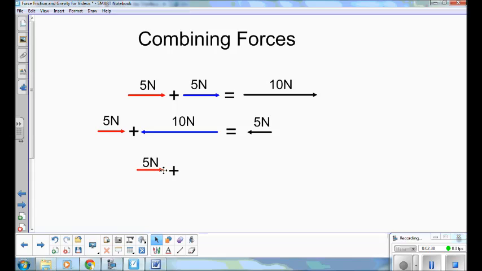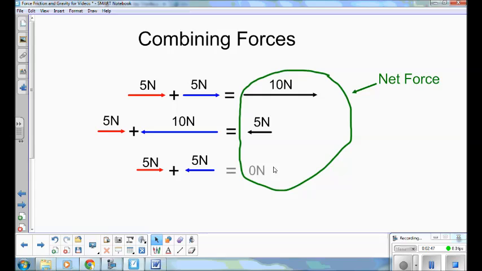Likewise, if you have a 5 Newton force going this direction, and you add it to a 5 Newton force going the other direction, they are in effect going to cancel each other out, and you're going to get 0 newtons. Now we call all of these things the net force.